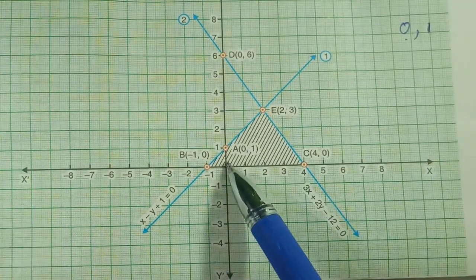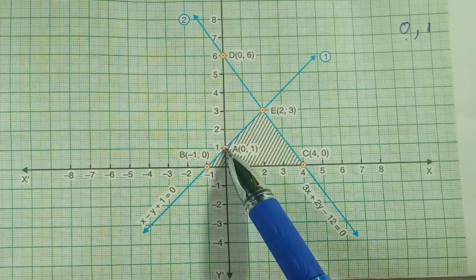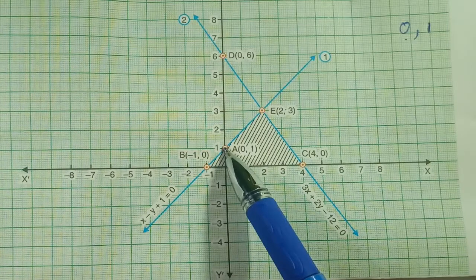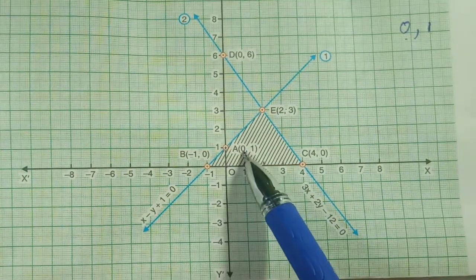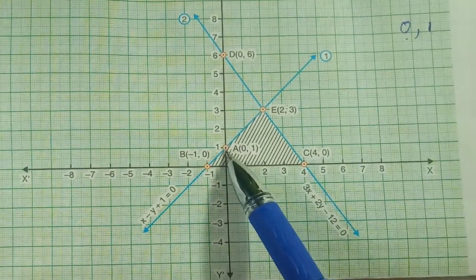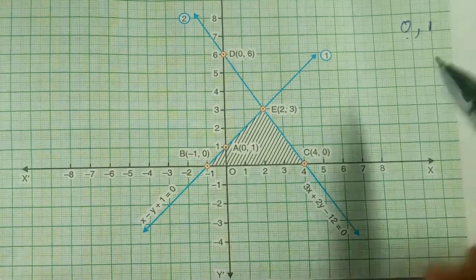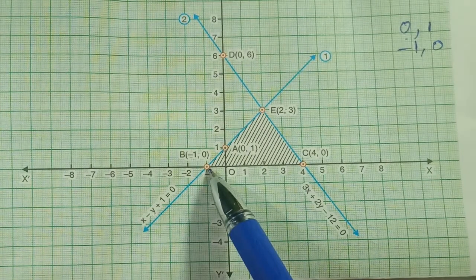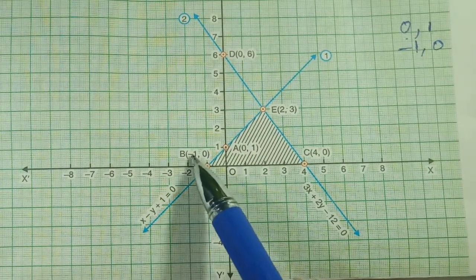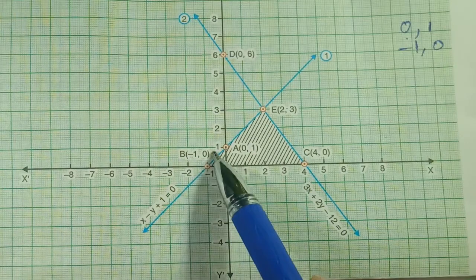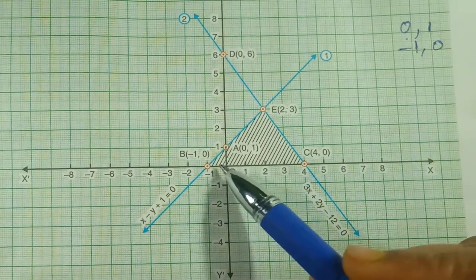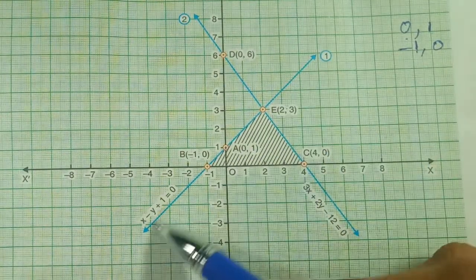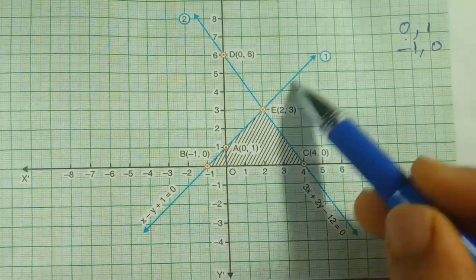This point is over here, 0 and 1. It is marked by A. Next is minus 1 and 0. X is minus 1 and y is 0. So this point is denoted by B, minus 1 and 0. Joining these two points, draw the line. This is the line for the first equation.